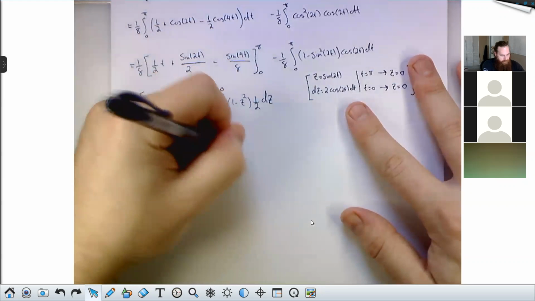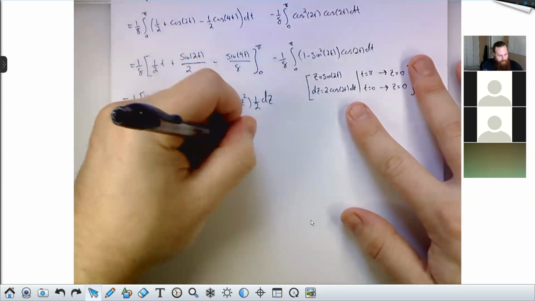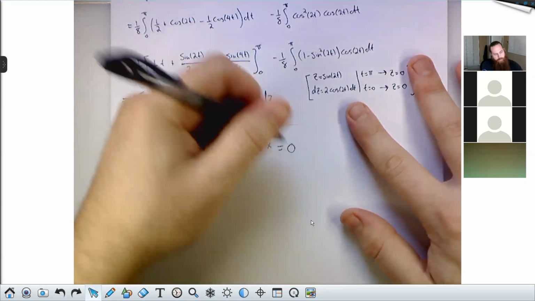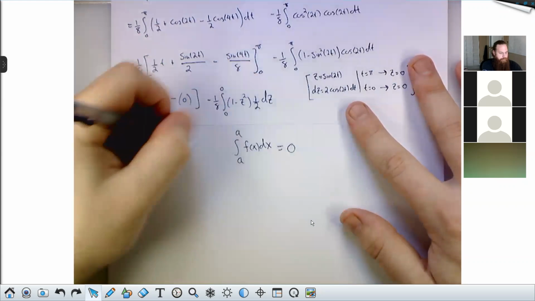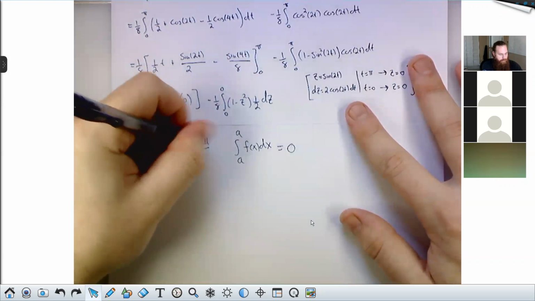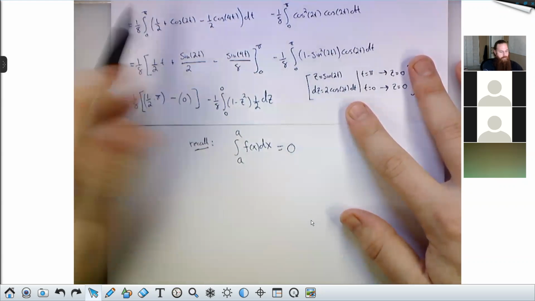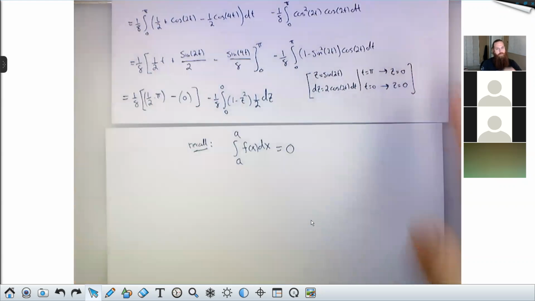The integral from a to a of any function, that's always 0. So this piece right here is 0. We don't even need to do the integral.